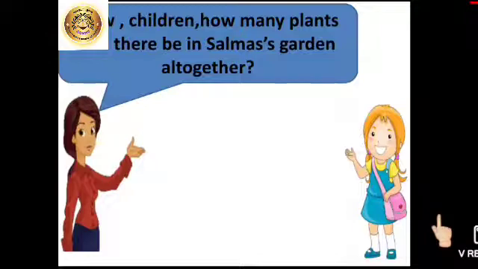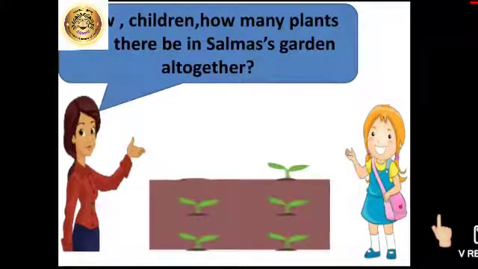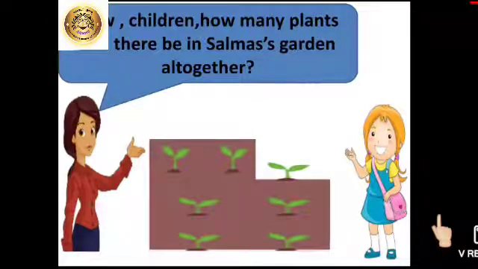Now children, tell me how many plants will be there in Salma's garden altogether now. Let's see. Salma had 5 seedlings in her garden. Then the teacher gave her 2 more. Let's understand in a different way.